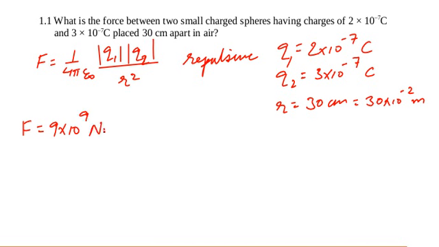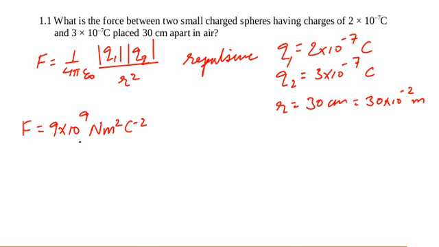Its unit is Newton meter square per Coulomb square. How I got this unit for this constant quantity? Please refer the video regarding units for derived quantities. For now, just accept it.